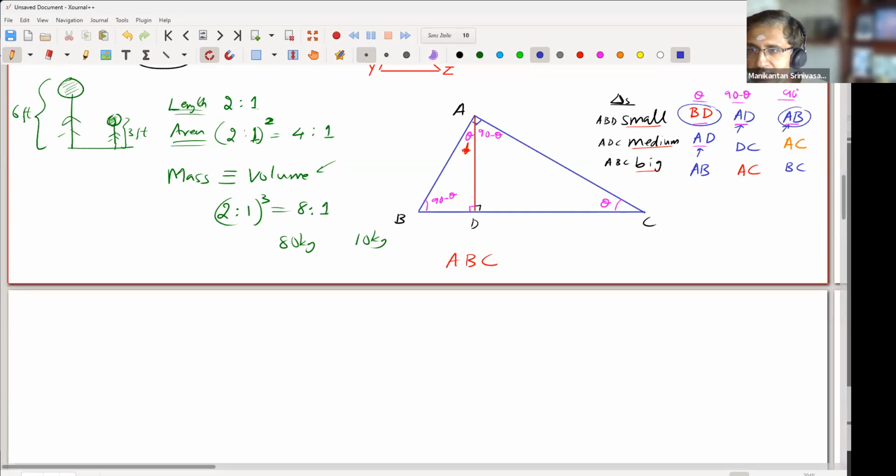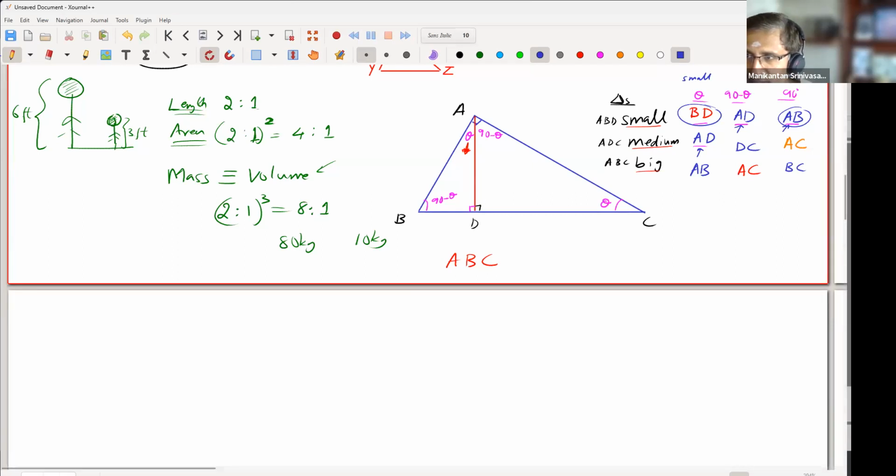This is the largest, this is the smallest side. So angles are also in the same ascending order as the sides in length. So this is the smallest, and this is the largest. This is the hypotenuse, therefore this is the largest.